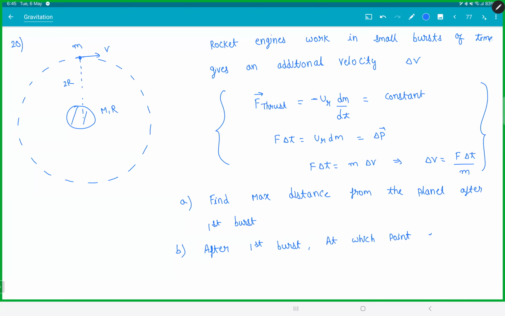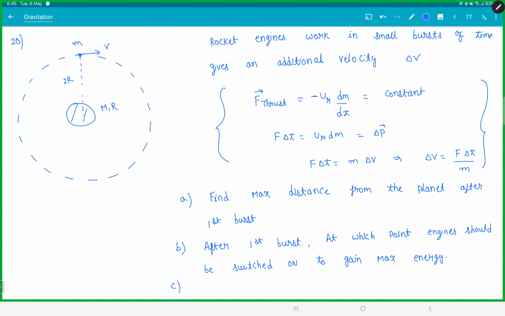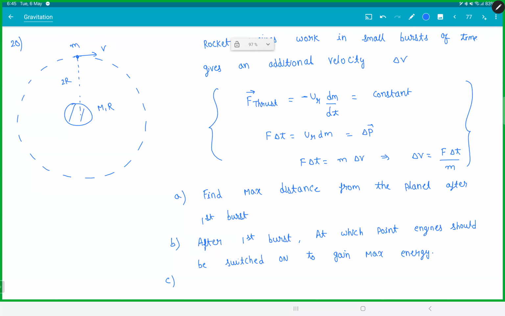At which point should the engine be switched on to gain maximum energy? Third, find the minimum number of bursts. So how many times should I switch on and switch off the engine so that it can escape the planet?